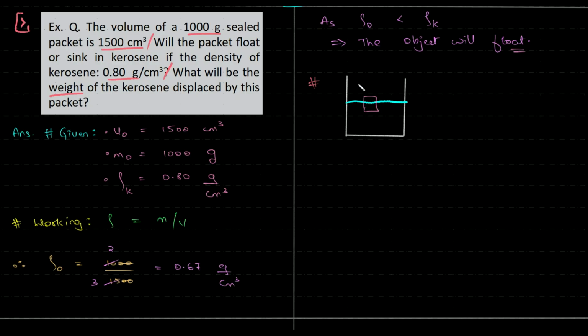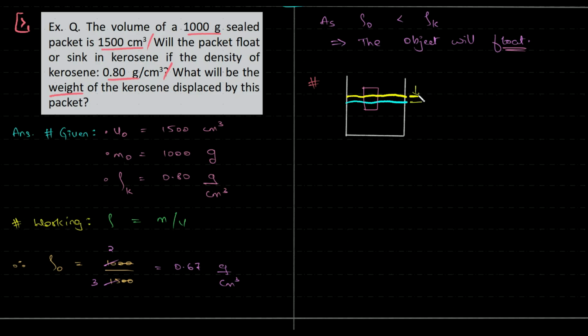So there will be some increase in the kerosene level when you keep the object, say this much. Remember, it's still floating. That would be the increase. But is it equal to V naught? It's not equal to V naught clearly.